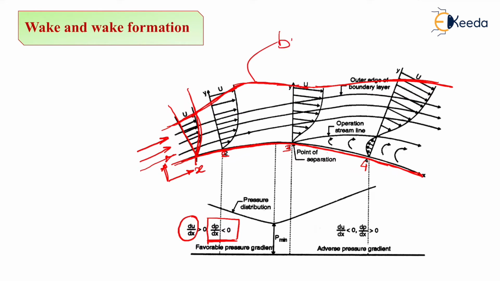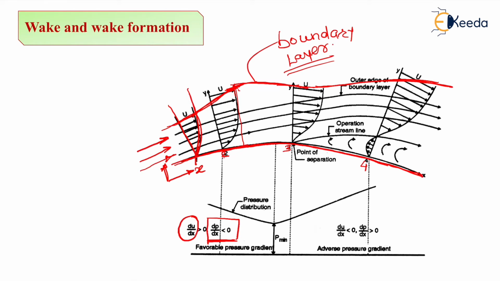So this is the boundary layer, which is formed along the surface. If I talk about boundary layer thickness, it is increased at point 2 when compared with point 1. So this is the boundary layer thickness delta. This is increased over this region like this.